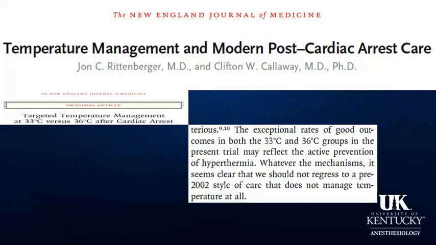It could possibly be prevention of hyperthermia or some other yet unknown explanation.